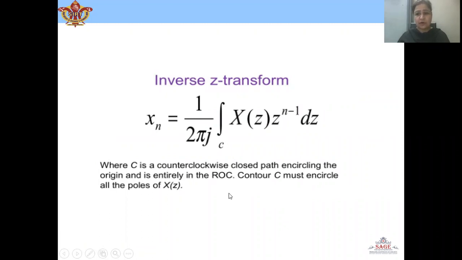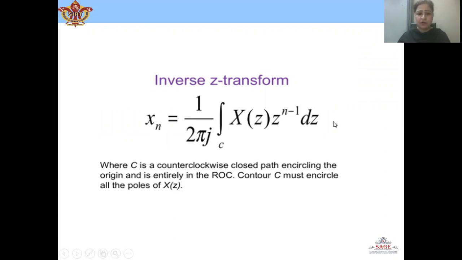Inverse Z transform is used to convert the frequency domain signal into a time domain discrete time signal. That means Z transform converts x(n) into X(z), whereas inverse Z transform will convert X(z) back to x(n).